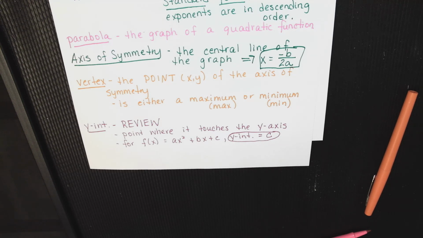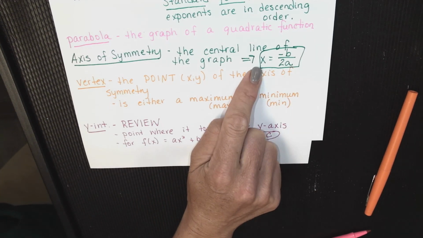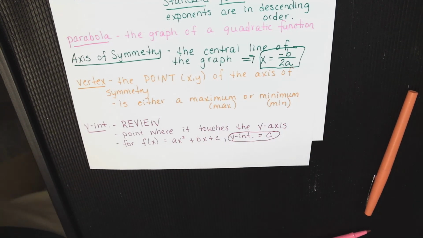Notice the axis of symmetry formula is equal to what variable? X. This is the x part of your vertex.